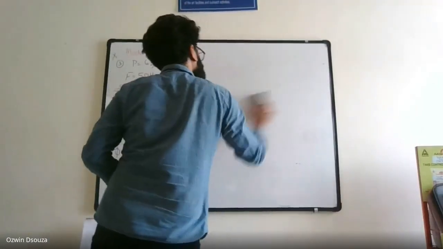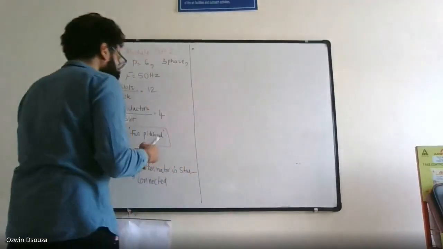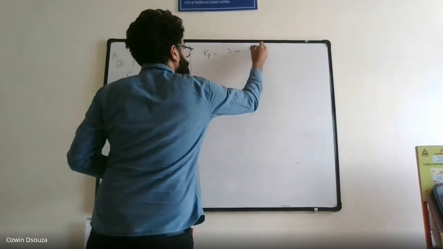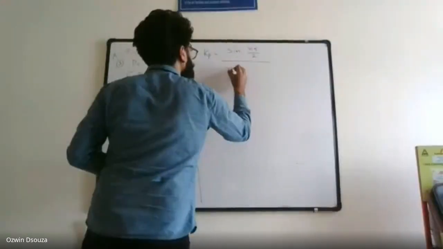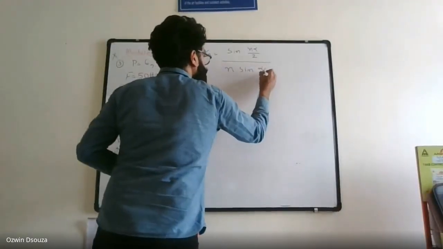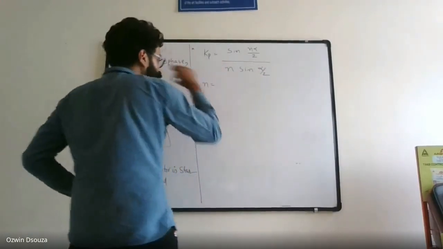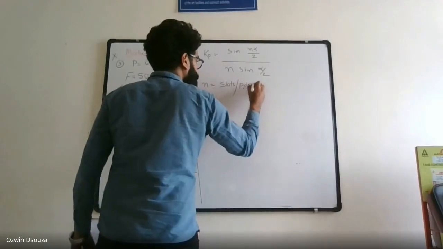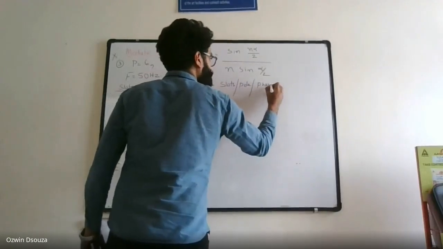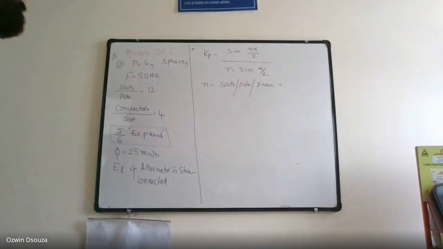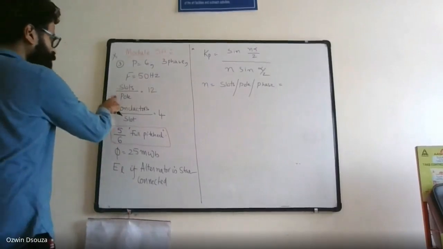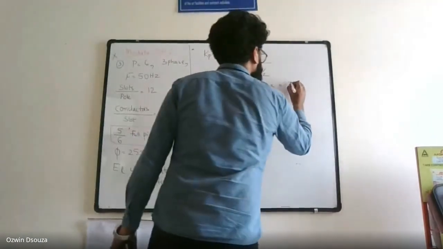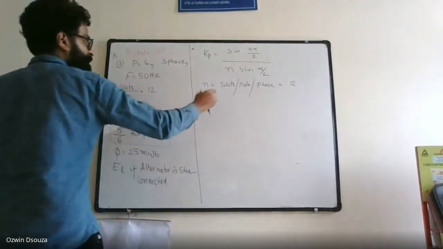For Kd, you again use the formula: Kd is equal to sine n alpha by 2 divided by n sine alpha by 2, where n is equal to slots per pole per phase, which is slots per pole divided by phases. You have direct information that slots per pole is 12.